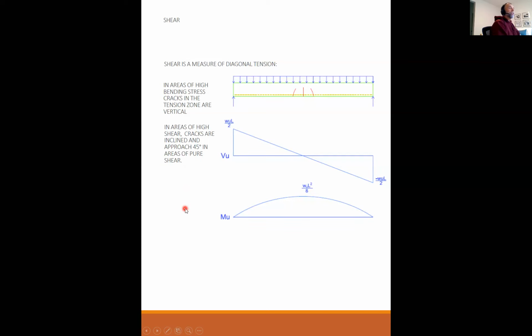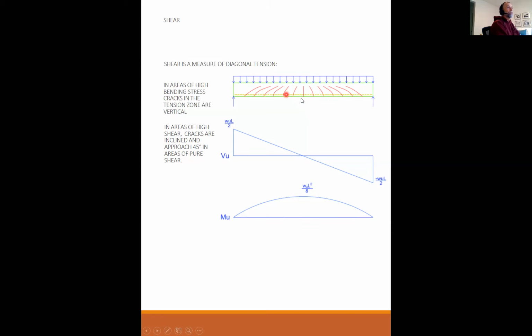In areas of high shear, cracks are inclined and approach 45 degrees in areas of pure shear, more like this. So as you can see, the cracks due to pure flexural moment are 90 degrees because flexural moments create normal stresses, and the concrete is weak in tension, so it cracks horizontally.